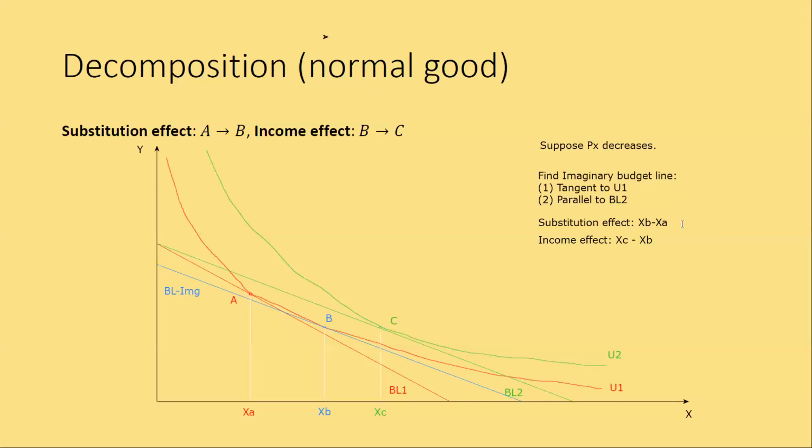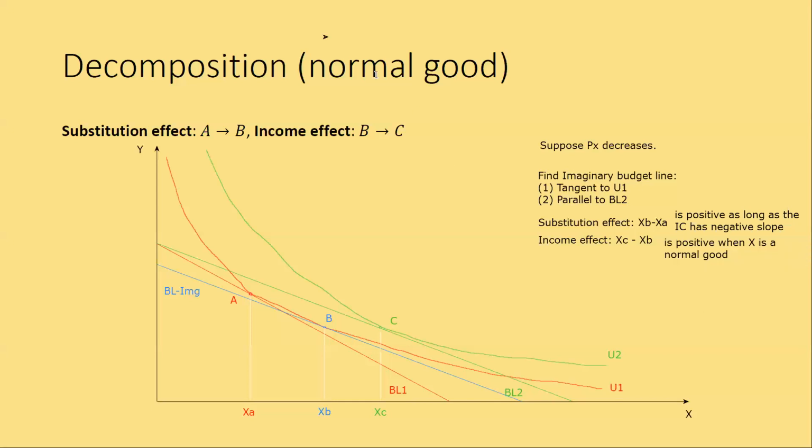So I should have said that the substitution effect is positive as long as indifference curves have negative slope. Now the income effect is positive when X is a normal good, which we assumed over here, right?